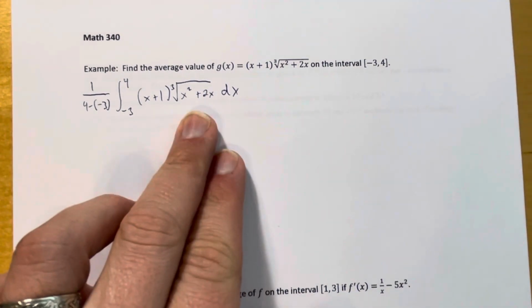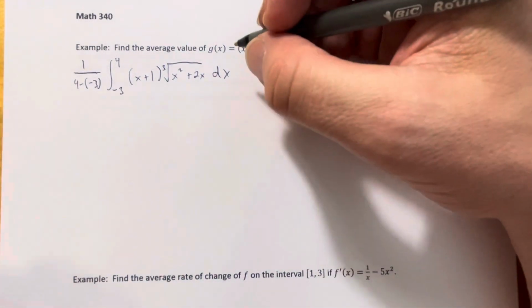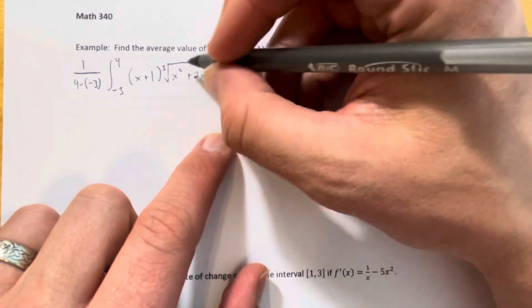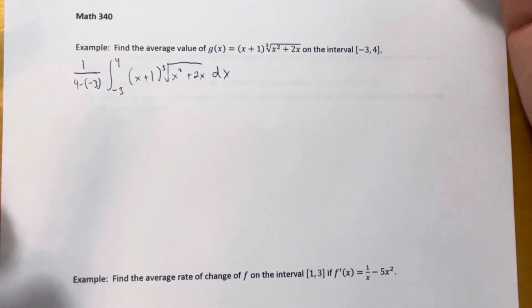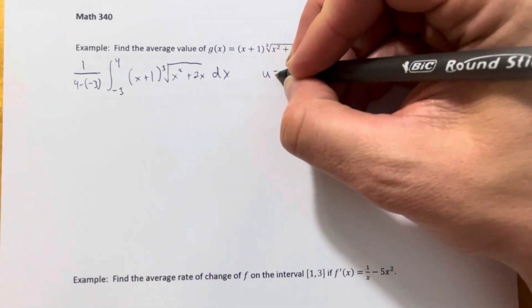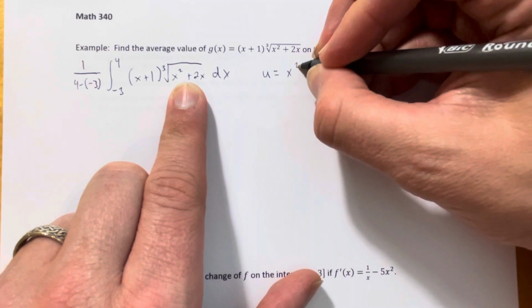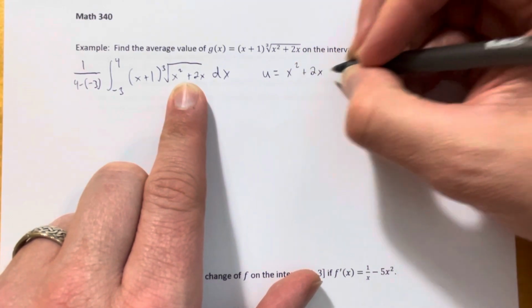So when I see this, I imagine a u substitution would help. And oftentimes when we've had something underneath a radical or in parentheses, choosing that as our u has been the way to go. I'm going to set u equal to the expression that's under the cube root, x squared plus 2x.